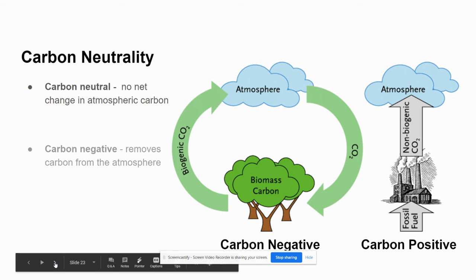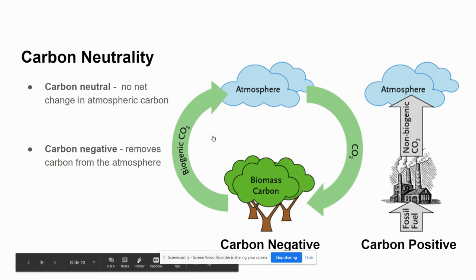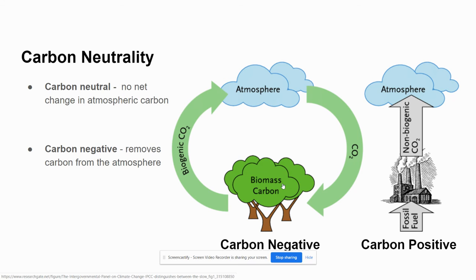Carbon negative means the removal of carbon from the atmosphere is more than the addition of carbon to the atmosphere. Plants are removing carbon from the atmosphere and storing it as biomass, which is what we need: we do not need the carbon in the atmosphere. We need it either in the biomass or in the geosphere.